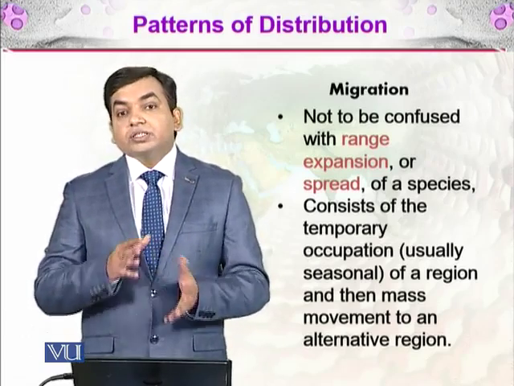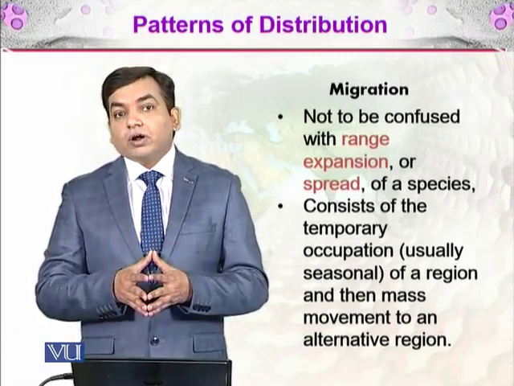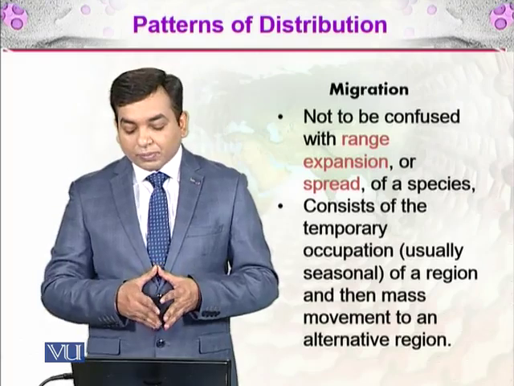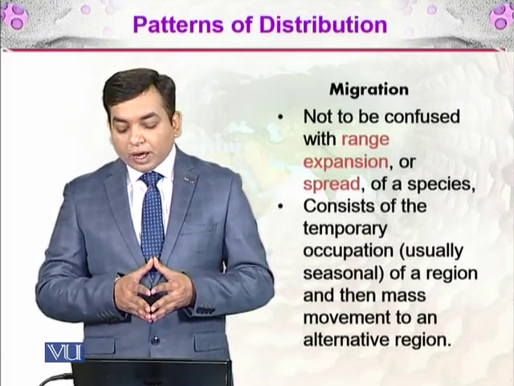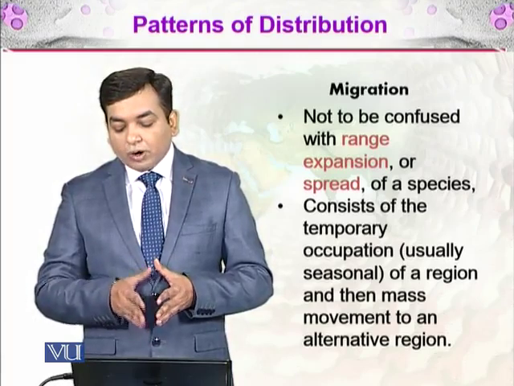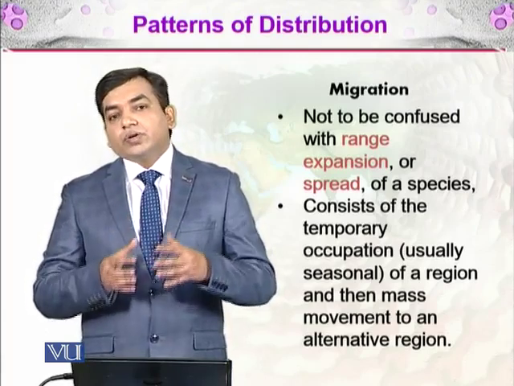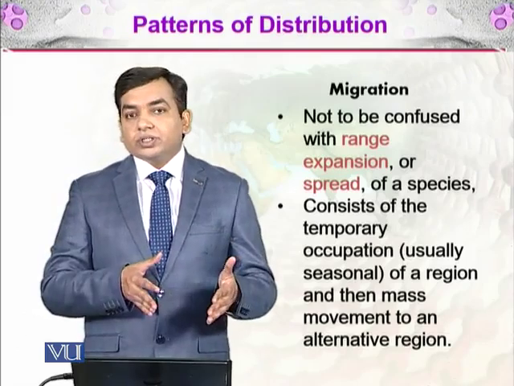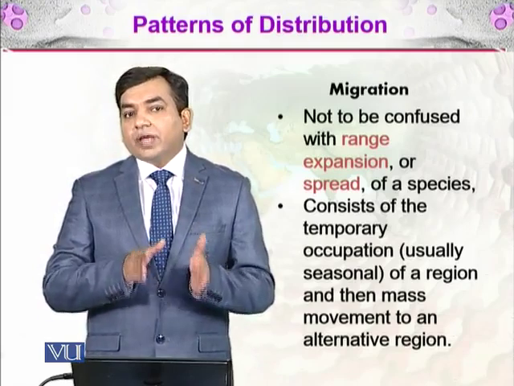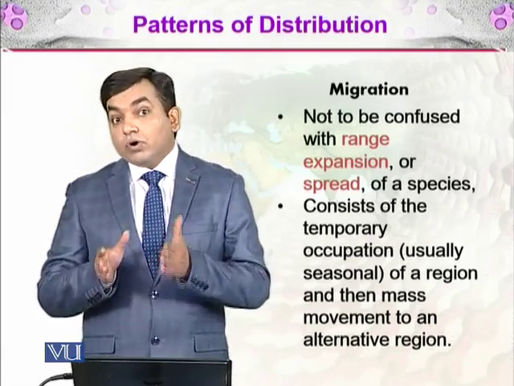So migration is different. It is a yearly pattern of traveling from one place to another. It consists of temporary occupation of a region and then mass movement to an alternative region. So there is a region where there are fewer resources in one season, and you are going from that region to another region where there are more resources.